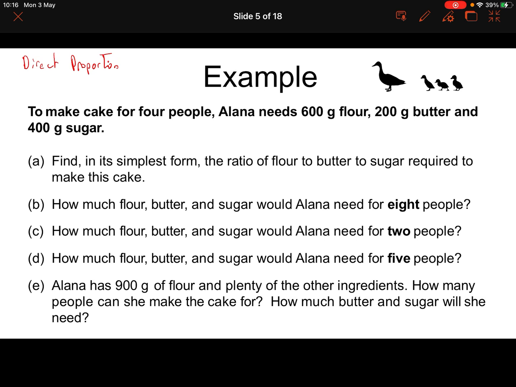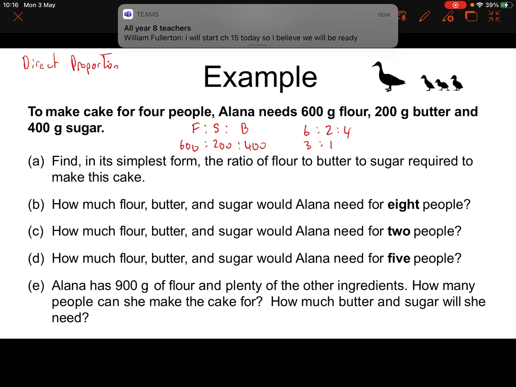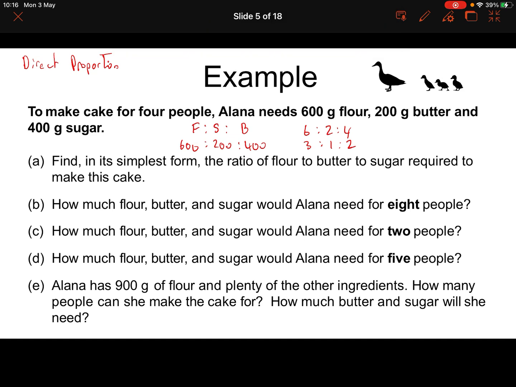So flour to butter to sugar, well, that's simply going to be 600 to 200 to 400, and we can simplify this down to 6 to 2 to 4, which simplifies down even further, 3 to 1 to 2. And there's the answer. So the answer is 3 to 1 to 2.